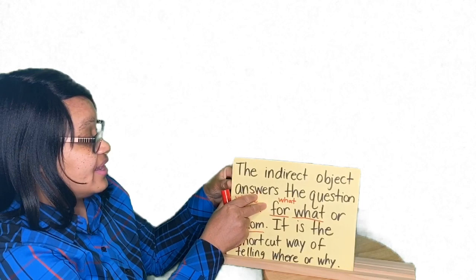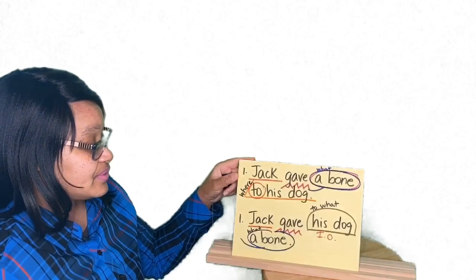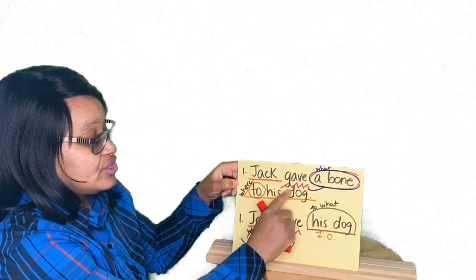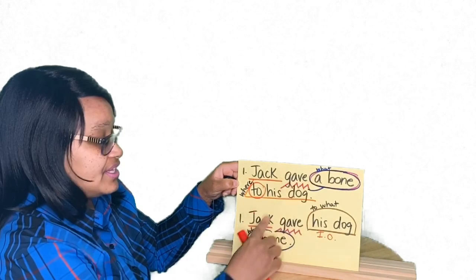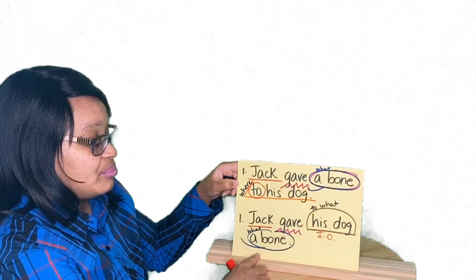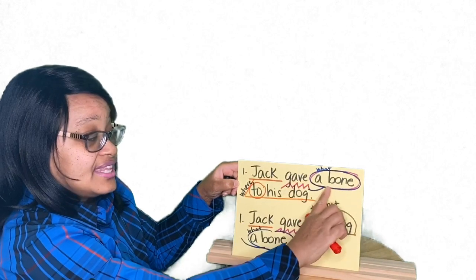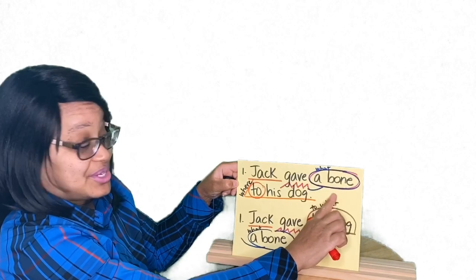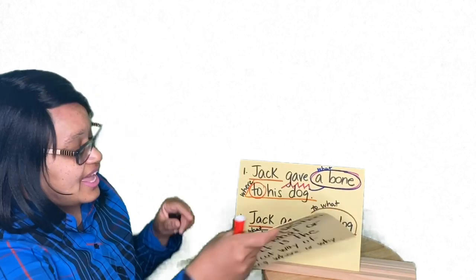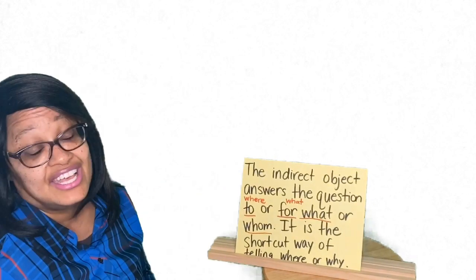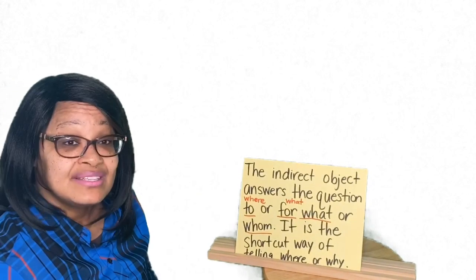And as you saw in our examples, we eliminated the to and we answered that question, moved it up. Jack gave his dog a bone. So this becomes the indirect object. This still is the direct object. Don't worry if it doesn't come as quickly the first time around, but practice makes perfect.